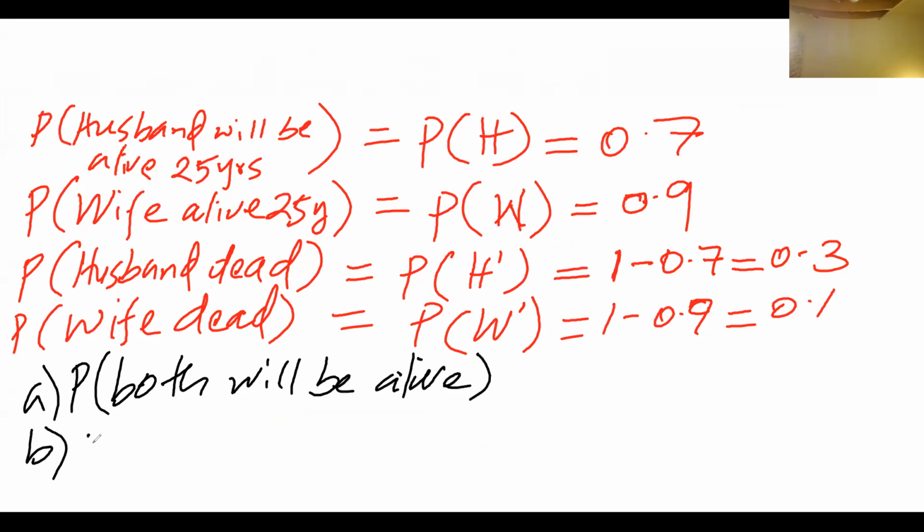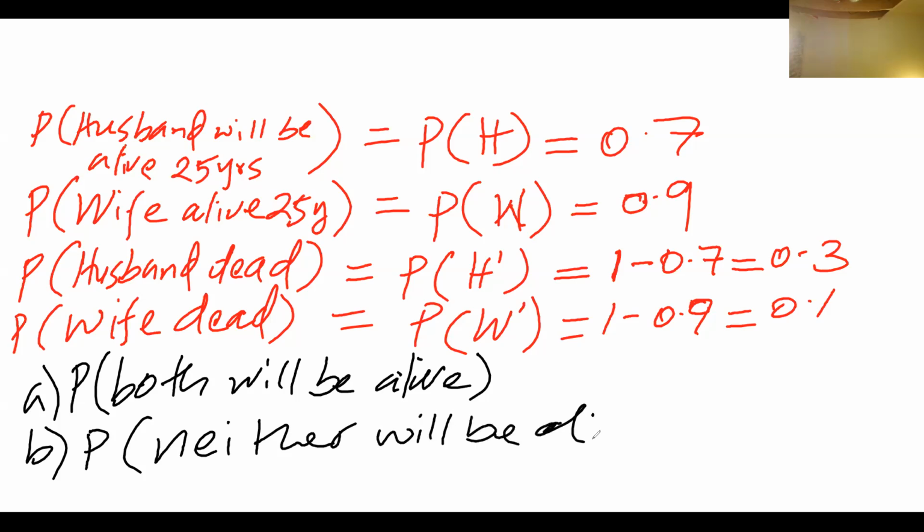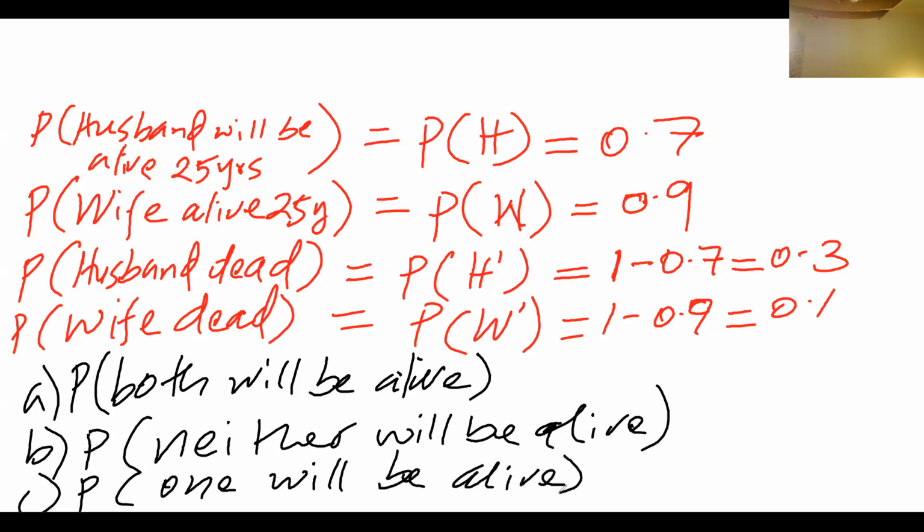B, probability that neither will be alive. Then we have C, probability that one will be alive, and D, at least one.